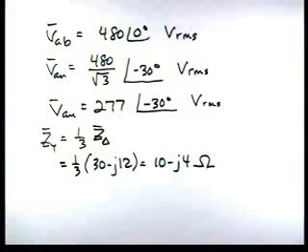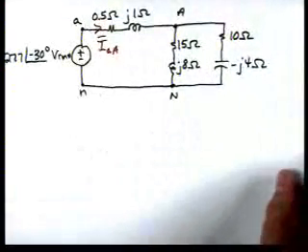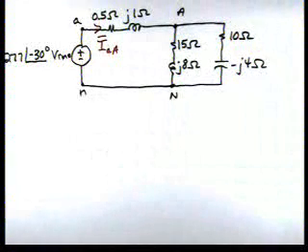Now that's converted the delta load to an equivalent Y, and we can draw our per phase circuit. I'll show the line current for the A phase on that circuit, and now we can proceed to calculate it.